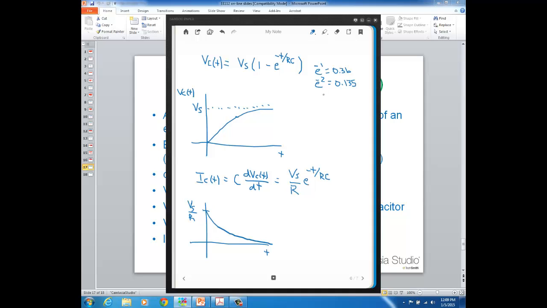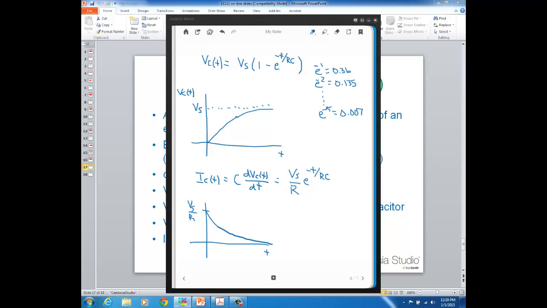I don't recall offhand what e to the minus 3 and e to the minus 4 are, but they're both smaller, of course, than 0.135. But I do remember that e to the minus 5 is like 0.007.